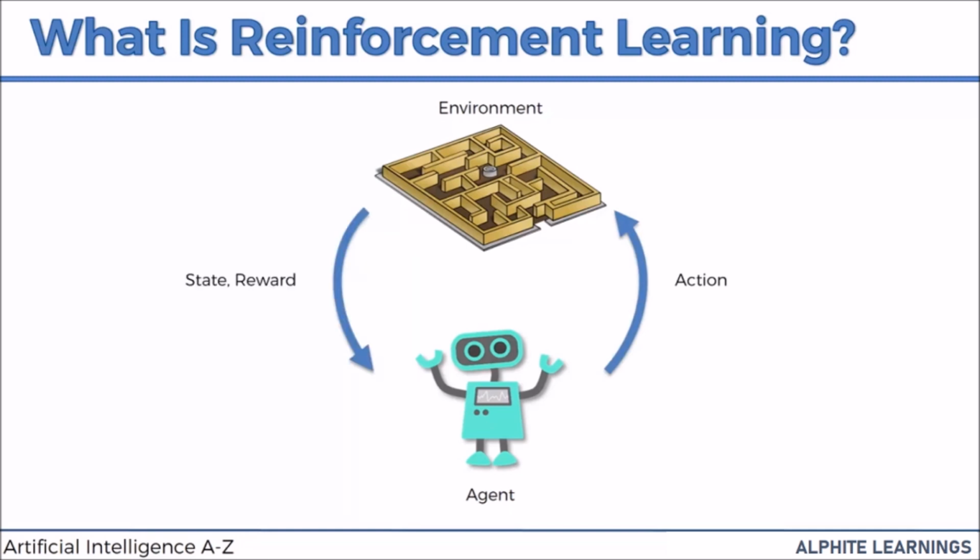For that action, we'll get a new state and a reward. As a result, the state it is in will change, so it might be further or closer to the actual output.